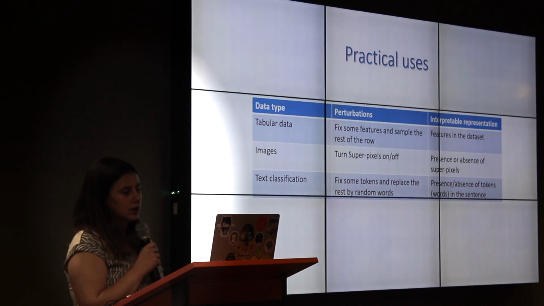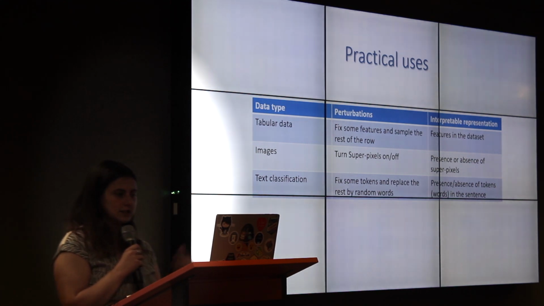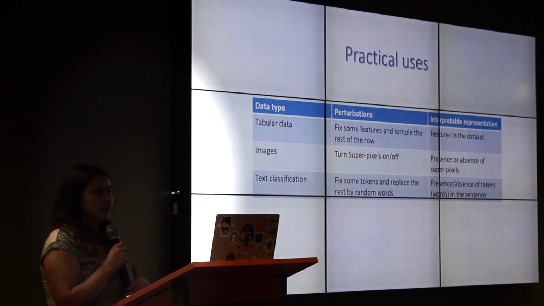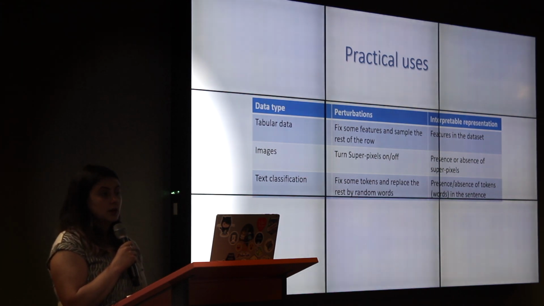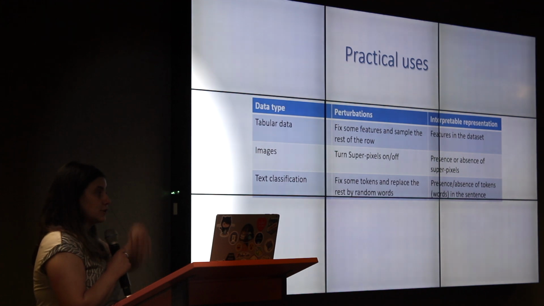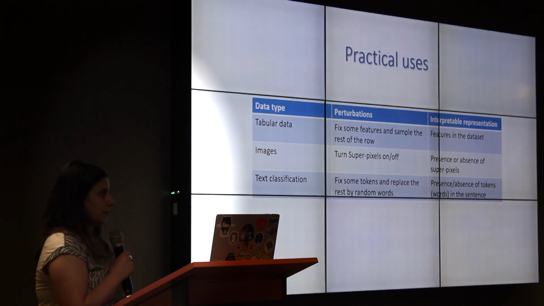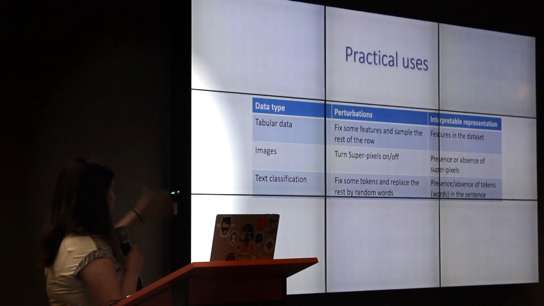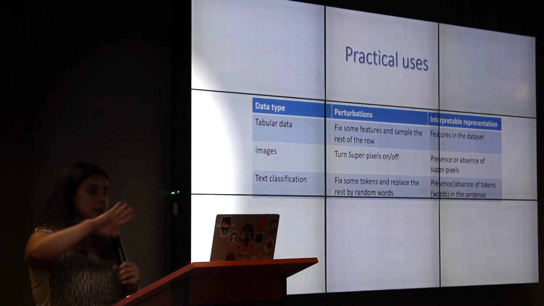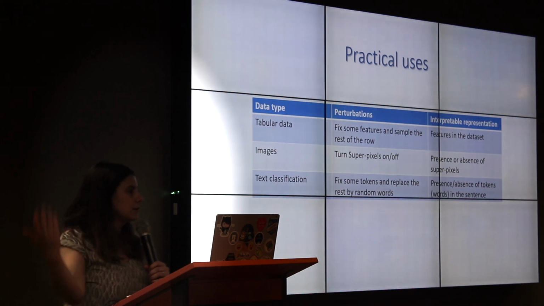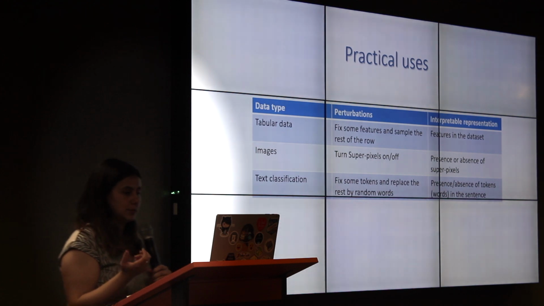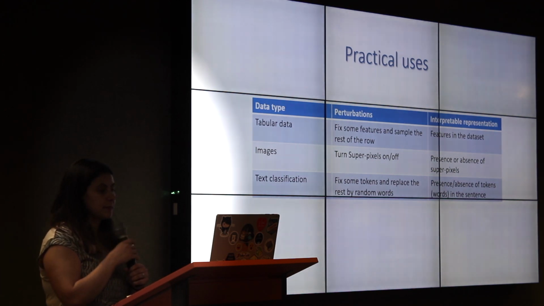For example, they applied it to a neural network that was identifying wolves and dogs, trying to discriminate between the two. They found out that what the model learned was the snow in the background. They were able to do that using this method because they were turning the superpixels on and off. So it can be very useful for that particular type of problem.